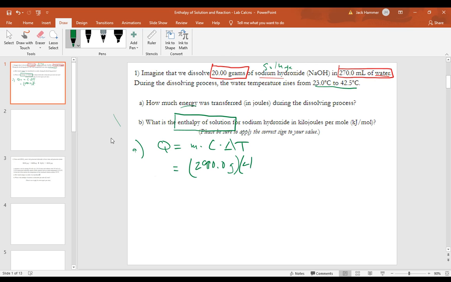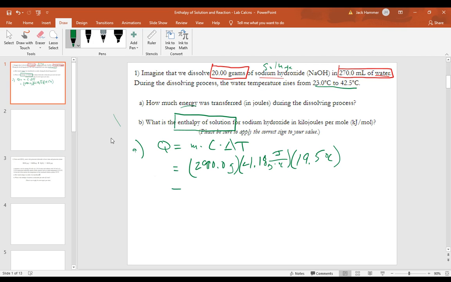which, we're going to use the approximation that the specific heat is 4.18 joules per gram degrees Celsius, just like in pure water. And then the ΔT, we just take the final temperature, 42.5, and subtract the initial temperature, which is 23.0, and you should get 19.5 degrees.